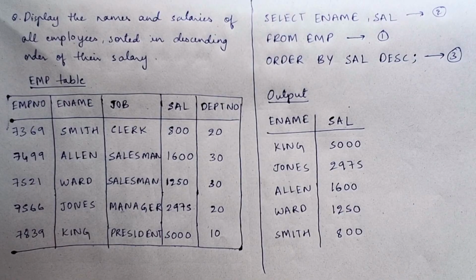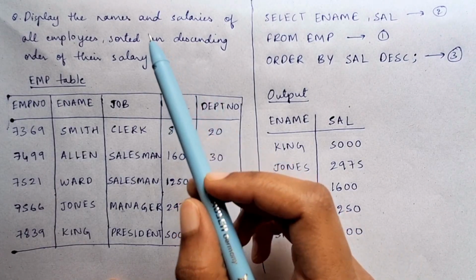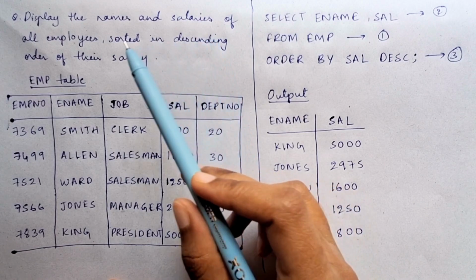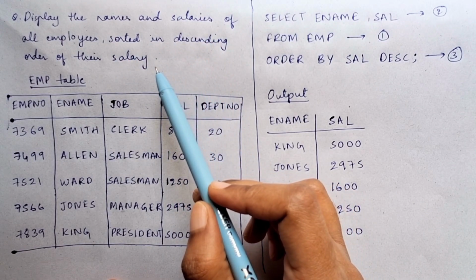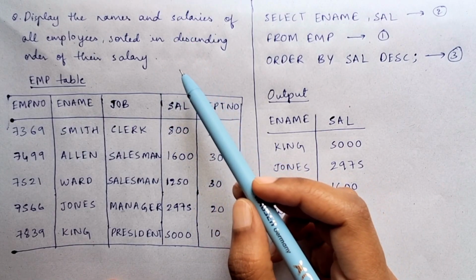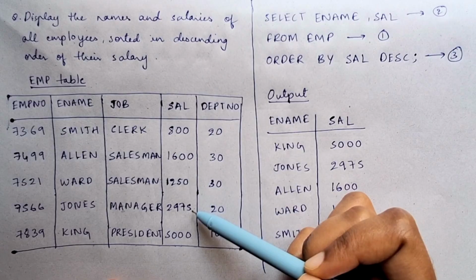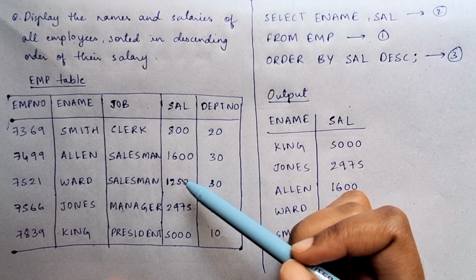Now we will understand another query with the same EMP table. Display the names and salaries of all employees sorted in descending order of their salary. Can you understand this question, guys? We are telling SQL to sort the employees based on their salary from highest to lowest.